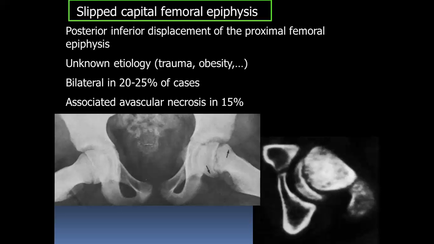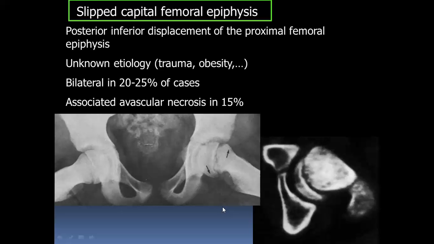In slipped femoral capital epiphysis, we get posterior inferior displacement of the proximal femoral epiphysis. This is the epiphysis, it becomes posteriorly displaced and at the same time inferiorly displaced. This results in this triangular piece of bone, usually following trauma.